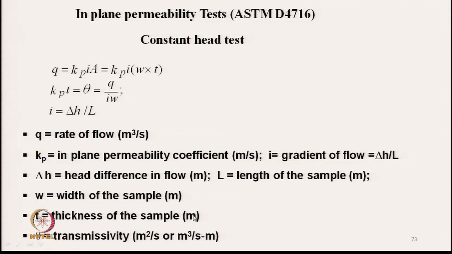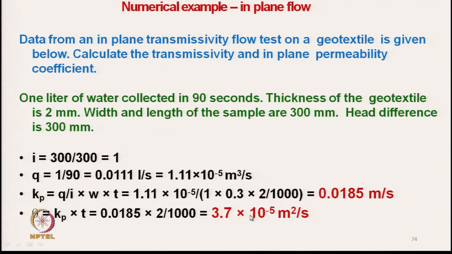So, if we see the area, the cross sectional area through which the water flows is the width multiplied by thickness, this is A, and theta is the transmissivity. So, using this formula we can calculate.